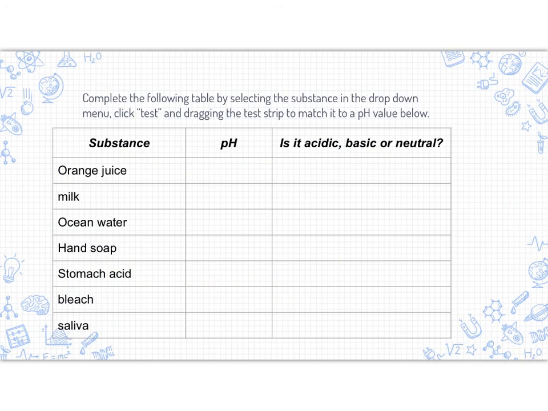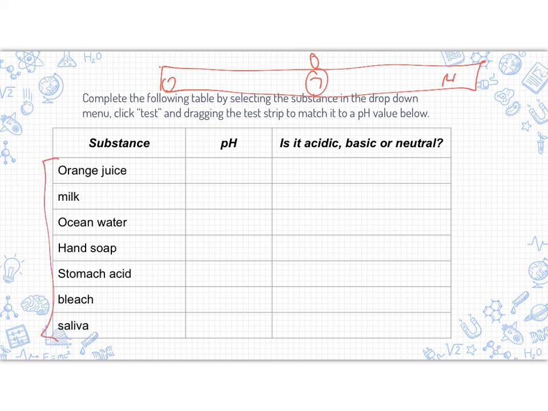We're going to complete the following table by selecting the substance in a drop-down menu, clicking test, and dragging the test strip to match it to a pH value. So you're looking at a pH scale like that pH paper from 0 to 14, and each individual one has its own specific color. You're going to test each of these substances here. Decide using this scale what the color represents in terms of a pH value.